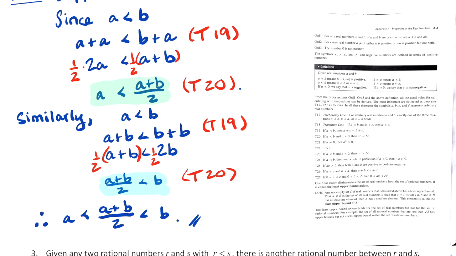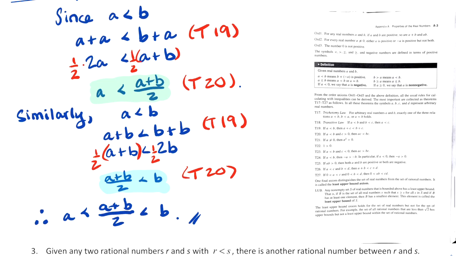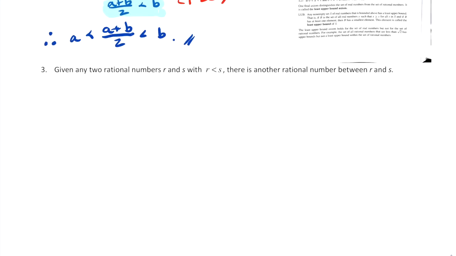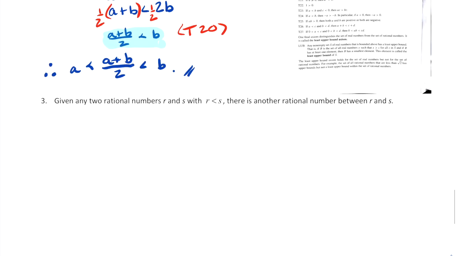All right? Cool, cool? Alrighty, so the third part here, we're going to actually utilize the first two parts of what we just solved, of this example. So, given any two rational numbers r and s, with r less than s, there is another rational number between r and s.